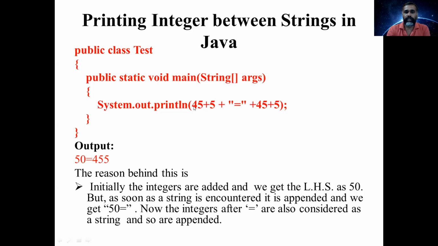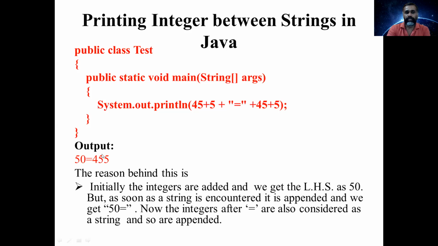Everyone knows that when 45 plus 5 is added, 50 will come first, and then the equal to symbol will be appended, because it is a literal string. Anything given in double quotes is considered a string, so equals will be printed.